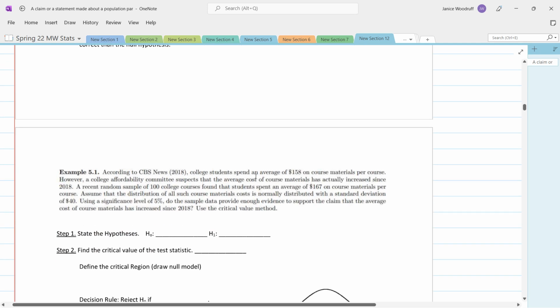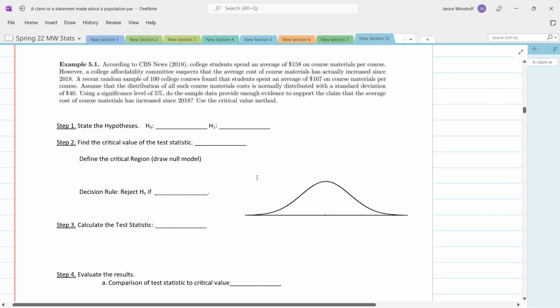Okay, so let's do an example. According to CBS News, college students spend an average of $158 on course materials per course. However, a college affordability committee suspects the average cost of course materials has actually increased since 2018.